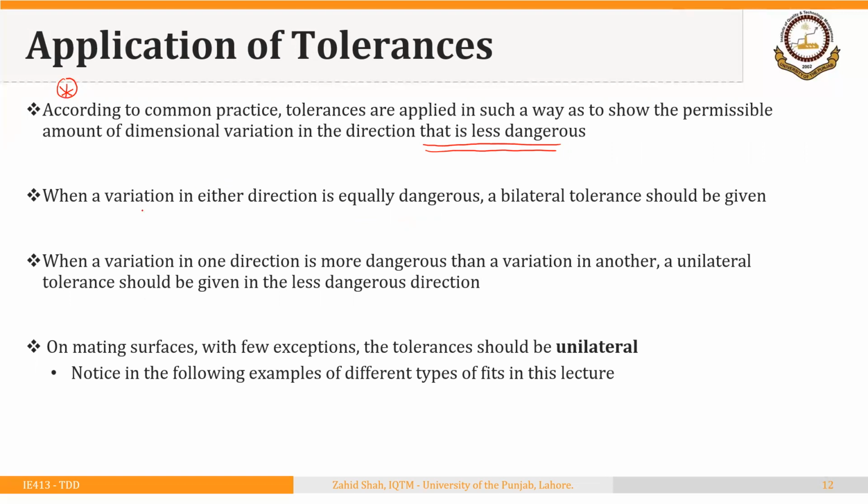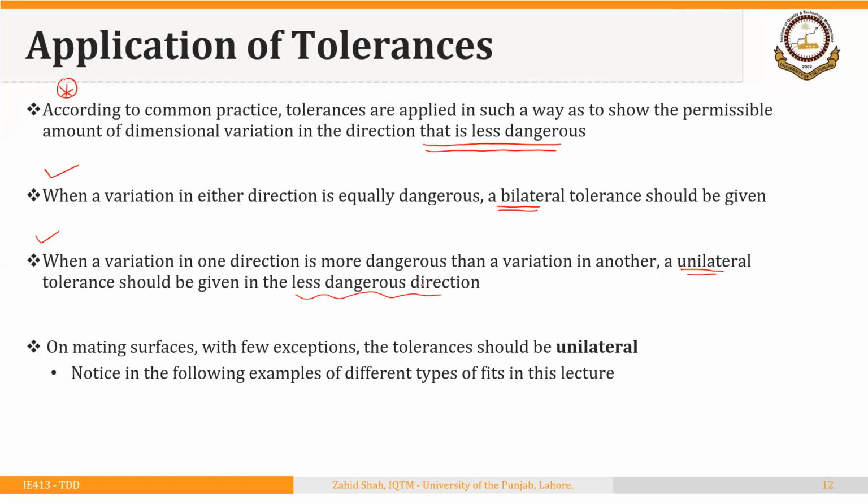So when a variation in either direction is equally dangerous, then bilateral tolerance should be given. And when a variation in one direction is more dangerous than a variation in another, then a unilateral tolerance should be given in the less dangerous direction.